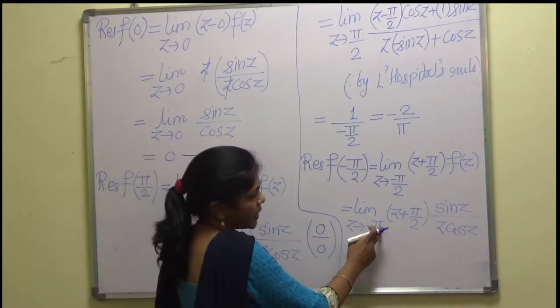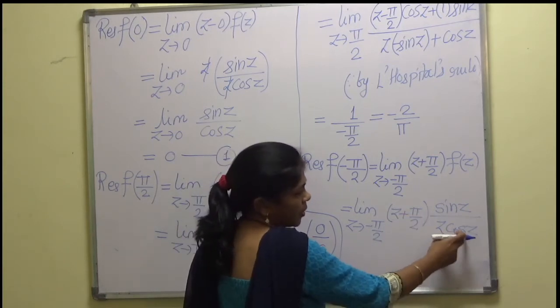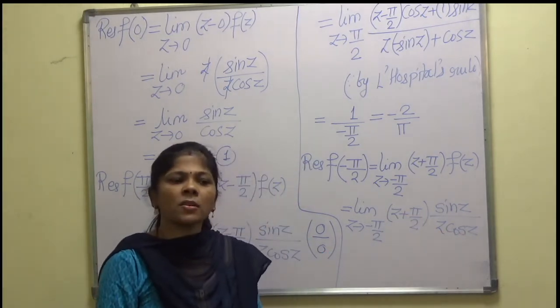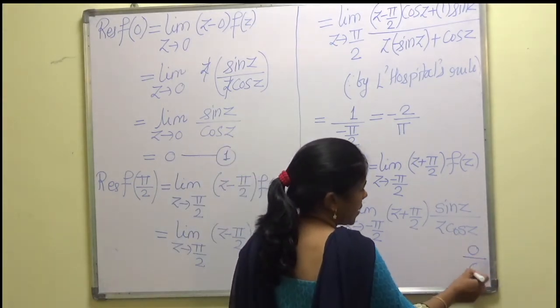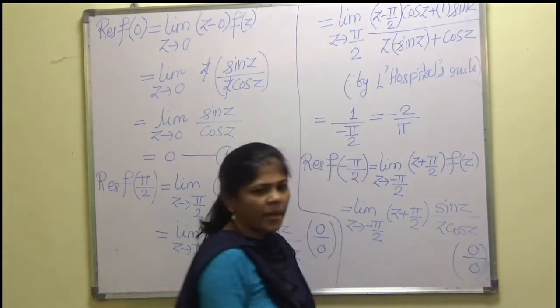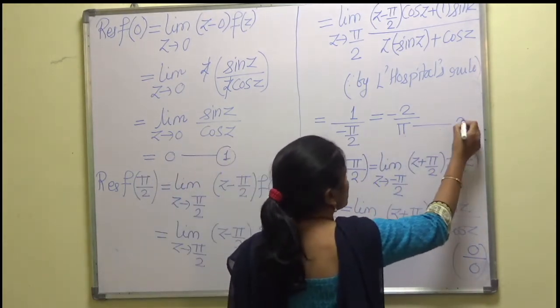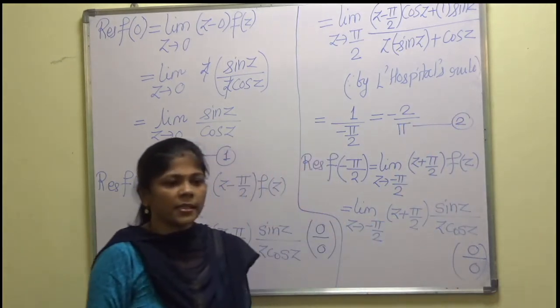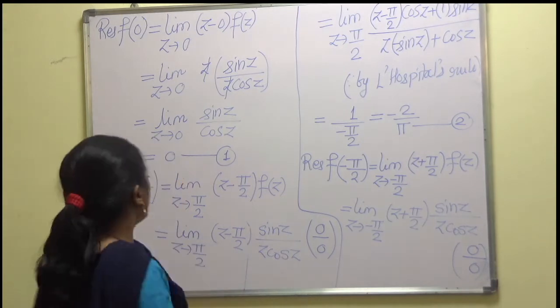Again when I put z as minus pi by 2, the numerator is 0, and the denominator cos of minus pi by 2 is the same as cos of pi by 2. So again I am getting 0 by 0 form. So let us apply L'Hospital's rule.